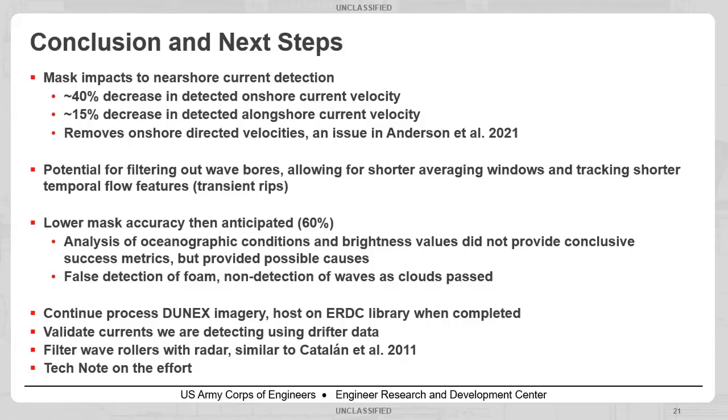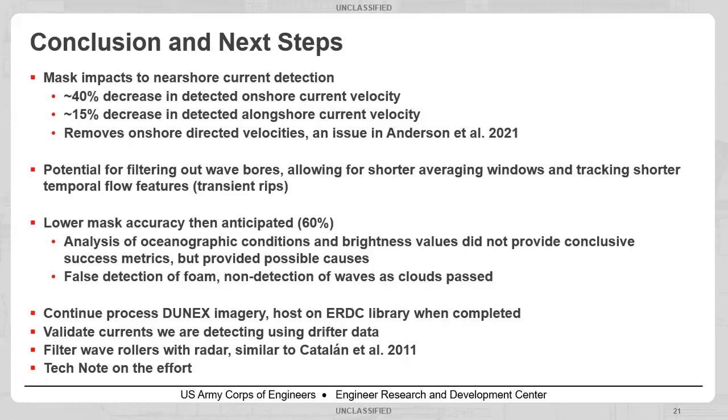It's still worth investigating, because it is very important to see if we can limit this bias. If we are able to find a method that works really well, it's going to be important to incorporate that with some shorter temporal windows, so we're not filtering out these transient rips I talked about earlier that might be on the order of 10 seconds.